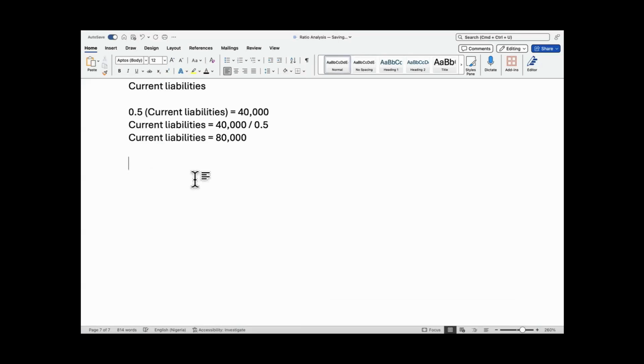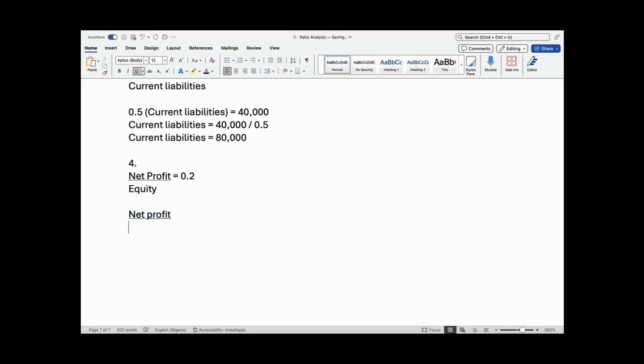So my net profit divided by equity equal to 0.2. My net profit is the unknown.